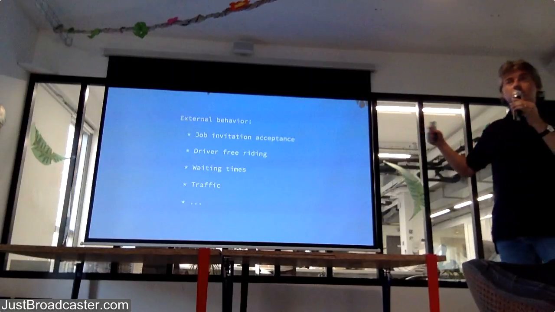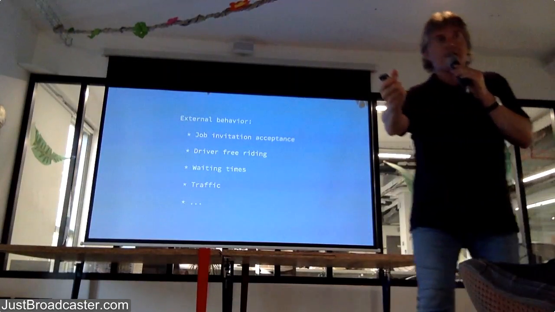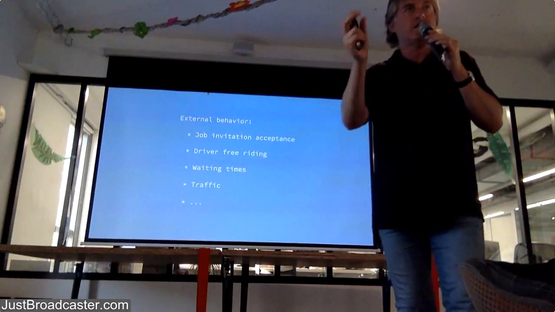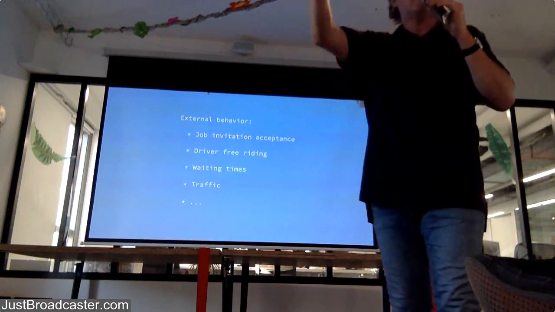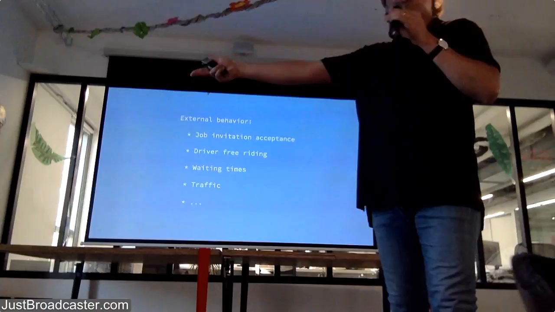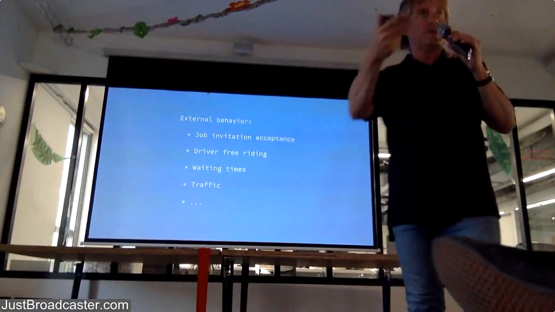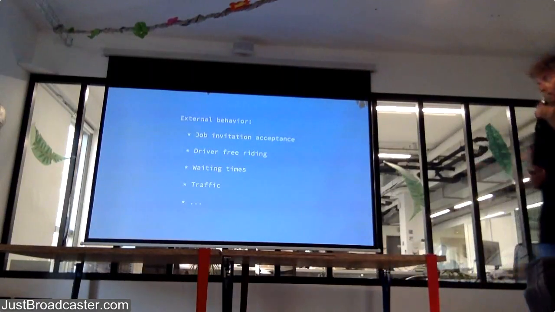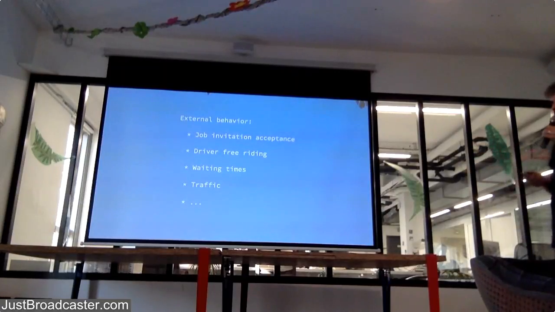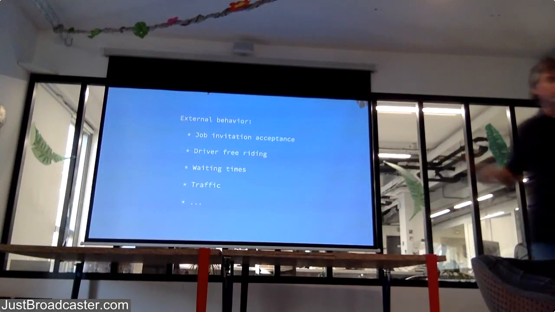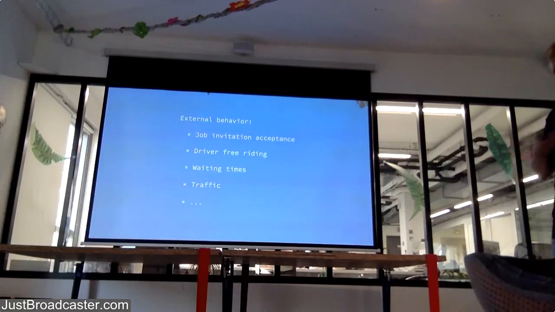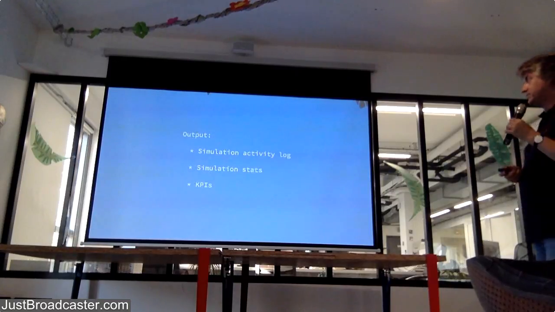Waiting times means that when you go to pick a package, that's not instantaneous. Maybe there's a person attending someone else, and you need to wait 10 minutes to get the package, all right? That's something external as well. Traffic and other variables, all right? They do not happen inside the servers.